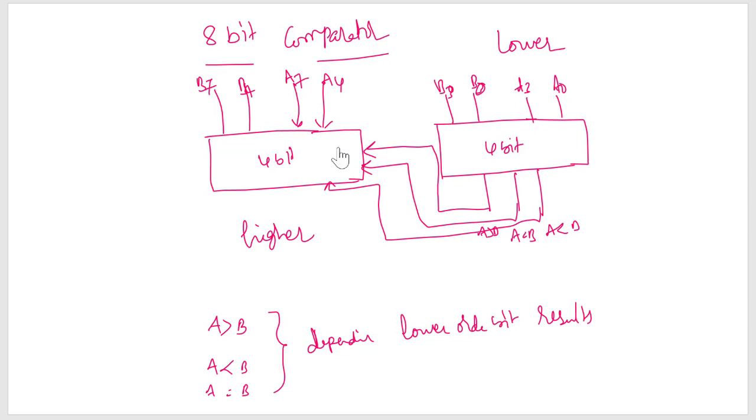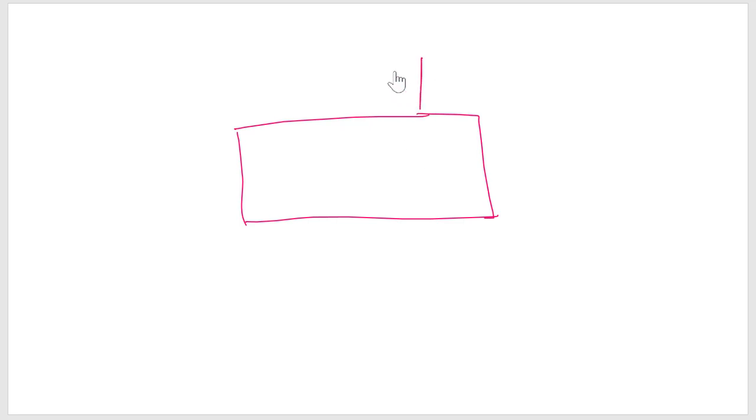So that means you are supposed to have 3 cascading inputs for each 4-bit comparator. When you want a 4-bit comparator, it should have 4 input bits A0 to A3 and 4 other input bits B0 to B3, as well as 3 cascading inputs.